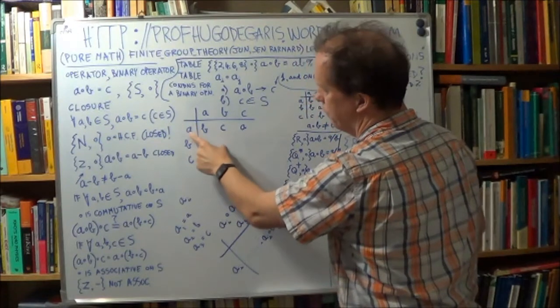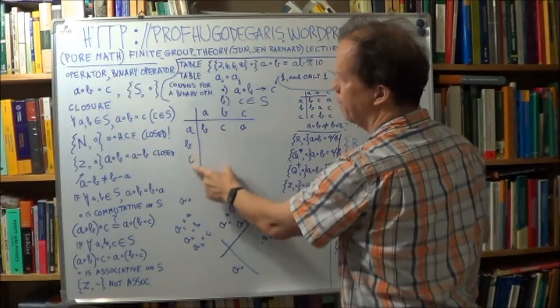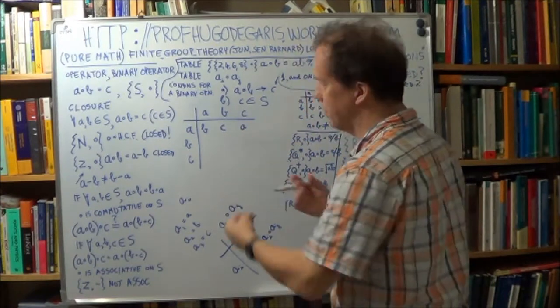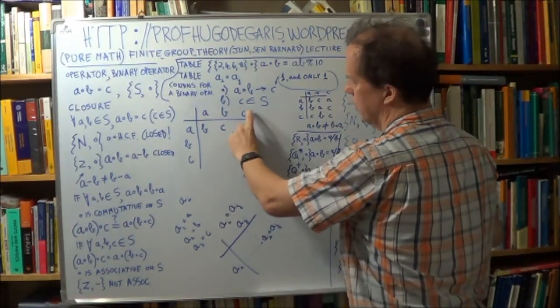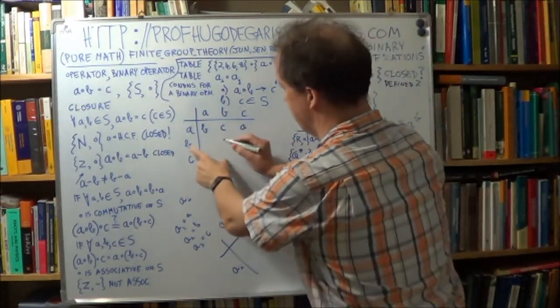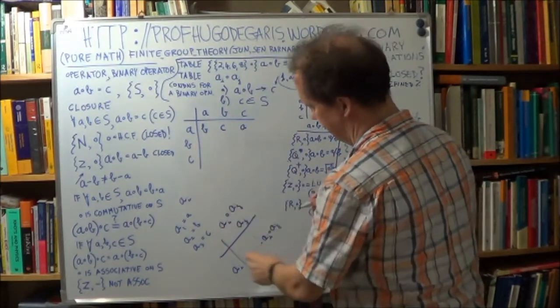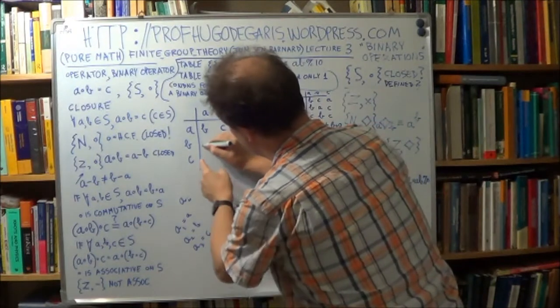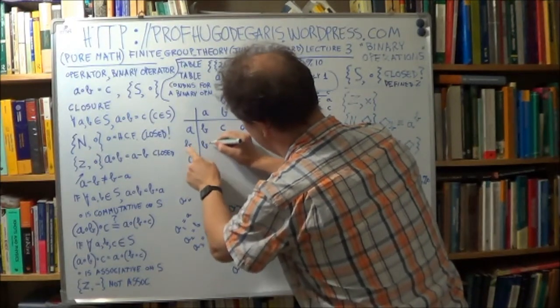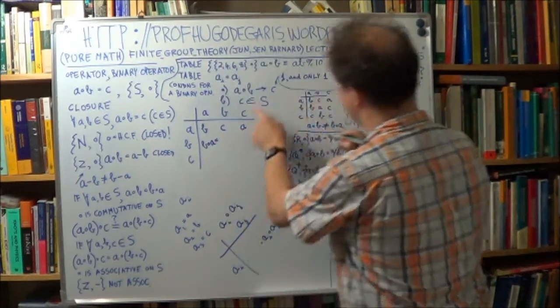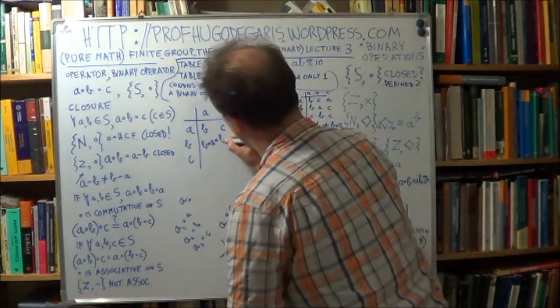I'm taking one of the column elements and binary operating with one of the row elements. So here it will be B binary operator A, and from the table it's actually B.